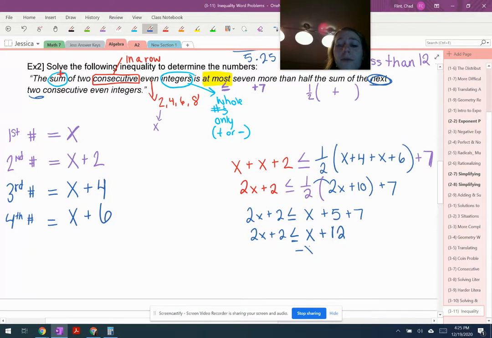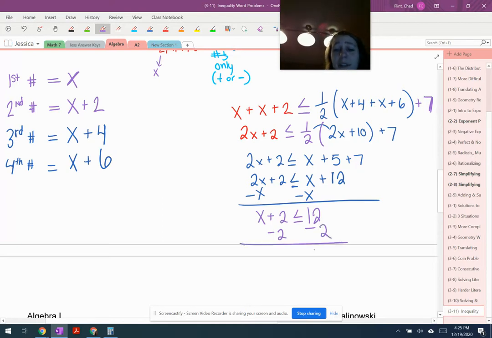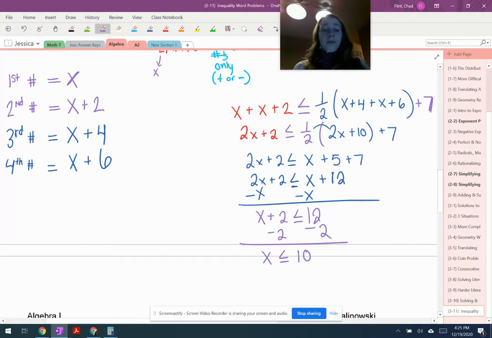Go ahead and move my x over because remember I want my x's on the left-hand side to make life easier for us. They don't have to be, but it just makes life easier for us. x plus 2 is less than or equal to 12, minus the 2 over for the last step there, and x is less than or equal to 10.